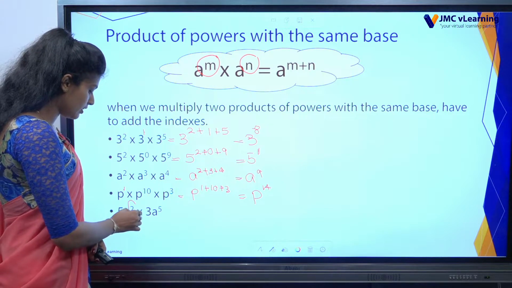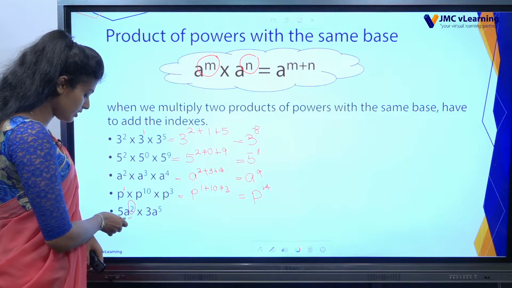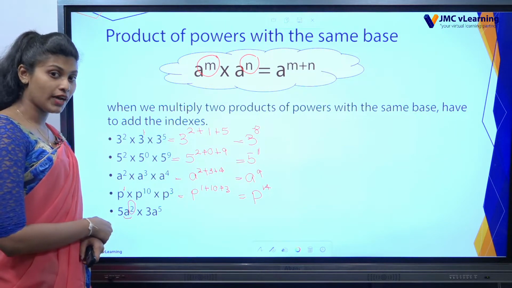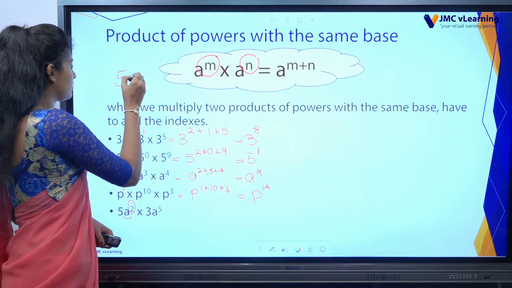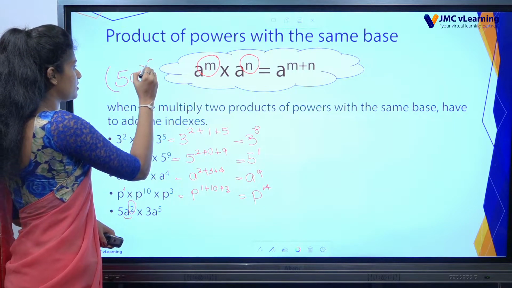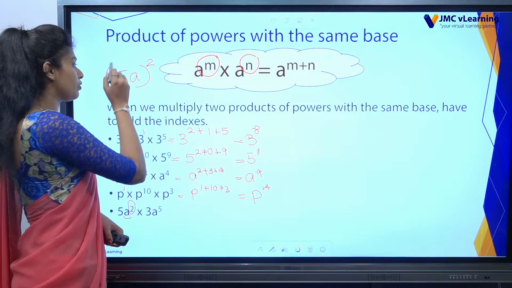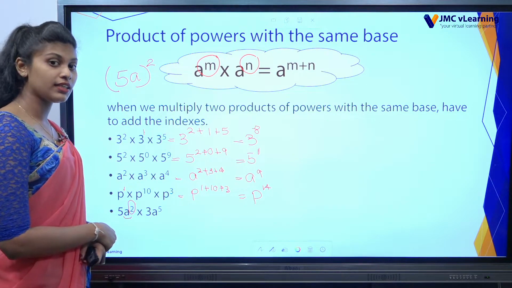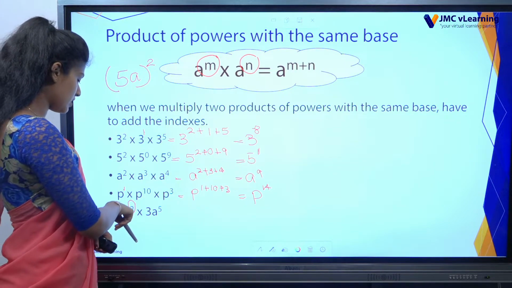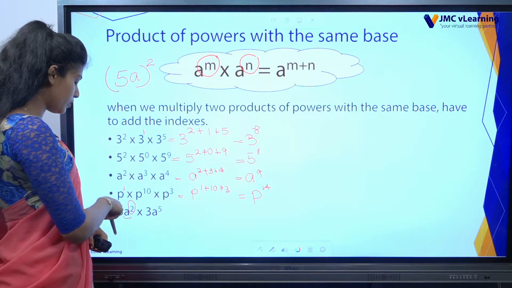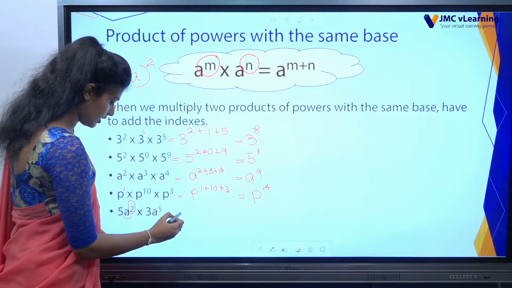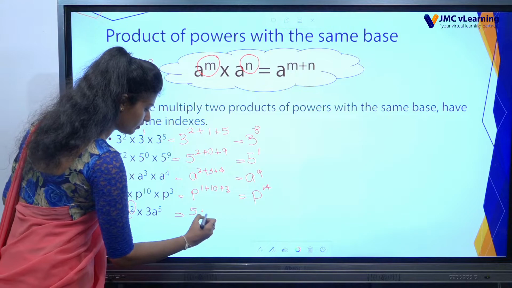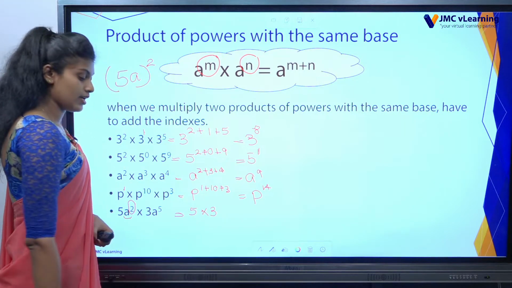Here this index is on this base. This 2 is not including 5. Why? When the sum is given like this, that means this 2 includes 5 and a both. But here 2 is only on the a, that means this power 2 is included only in the a. Then let's write the answer. The known terms are 5 and 3.